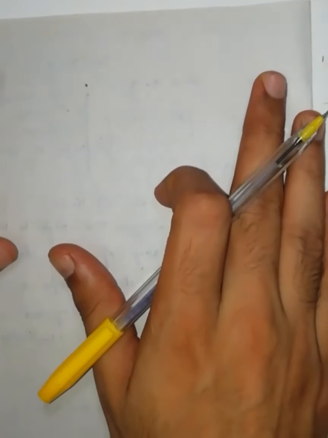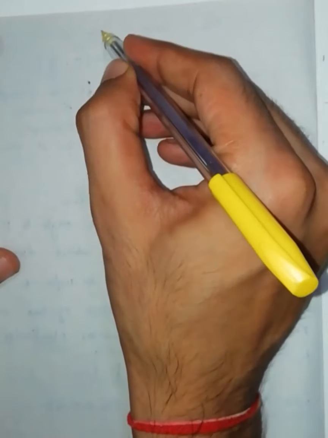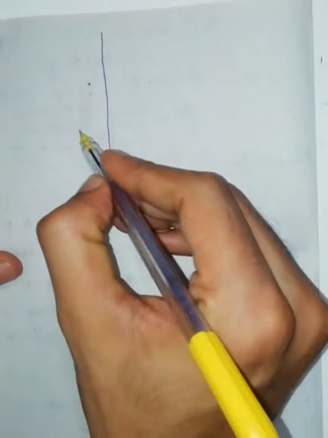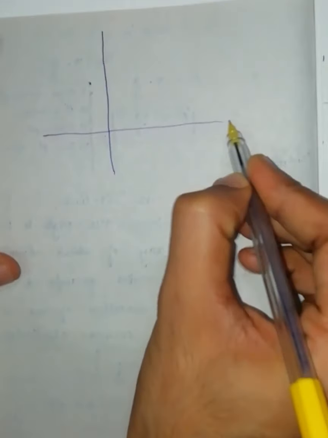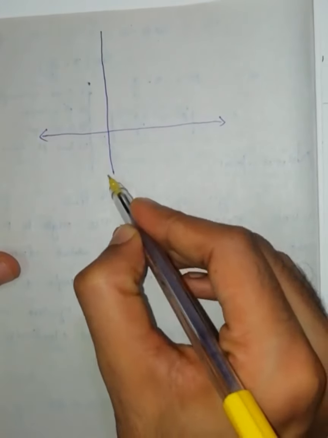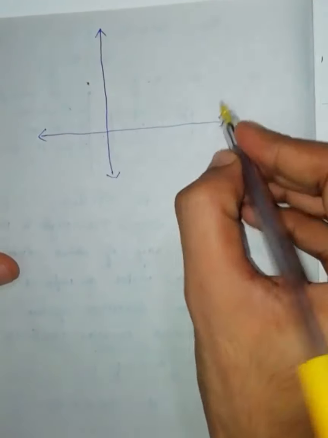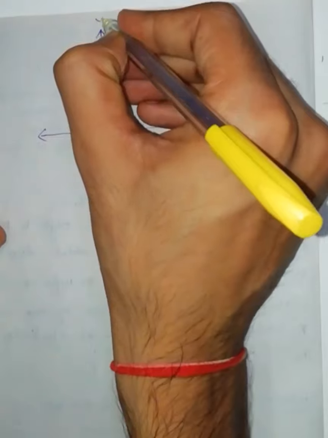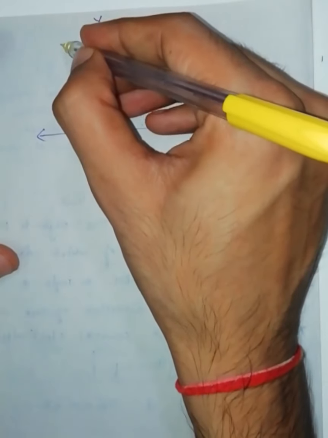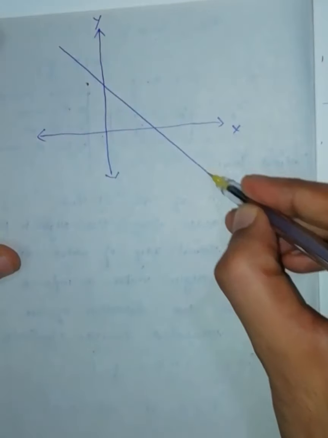If I want to explain the normal form geometrically, let us take this coordinate axis, this is the x axis and this is the y axis. Let us take any line. This is the line.